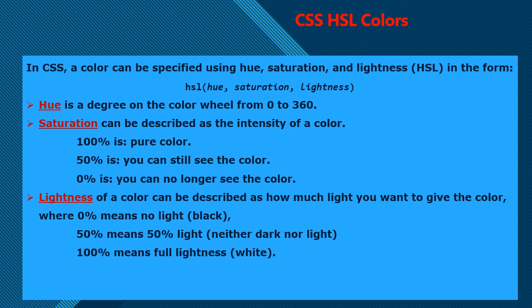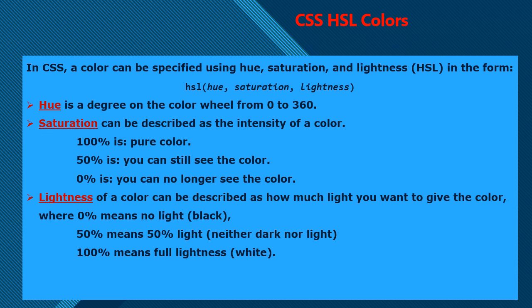Saturation can be described as the intensity of the color. If you want the pure color, that means the solid color, it is going to be 100% saturation. If you define the saturation as 50%, you can still see the color. But if you define the saturation to 0%, you can no longer see the color.